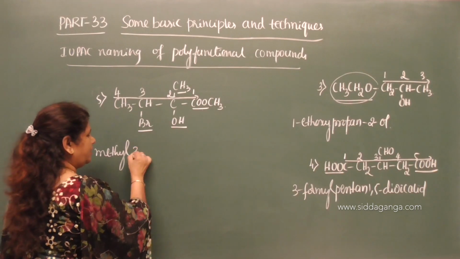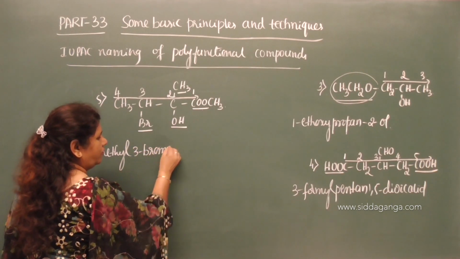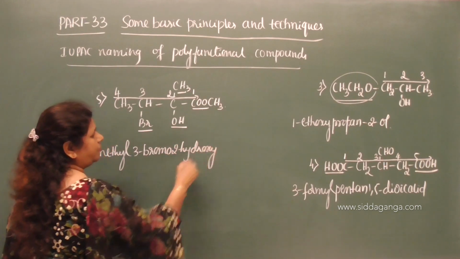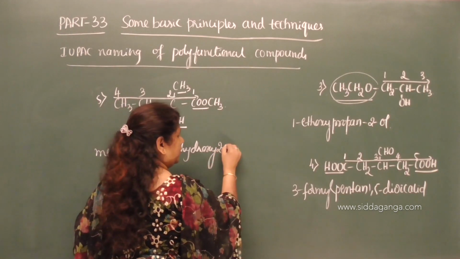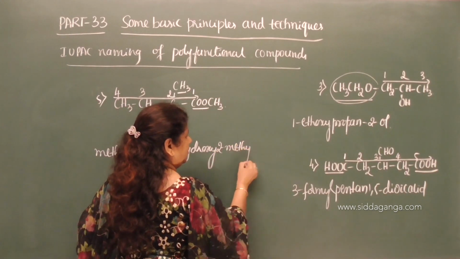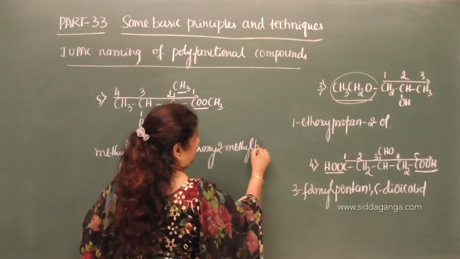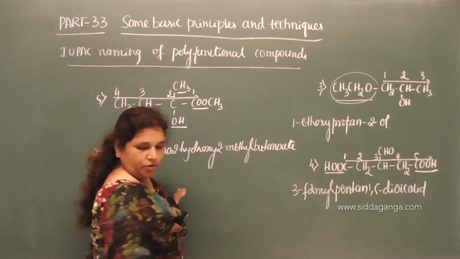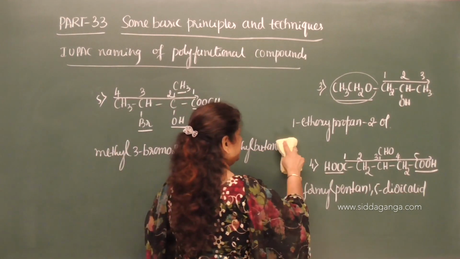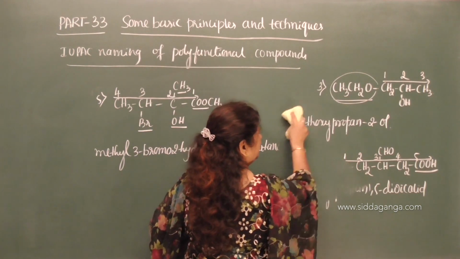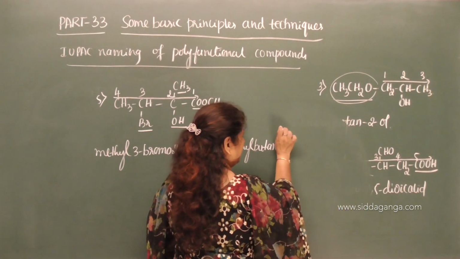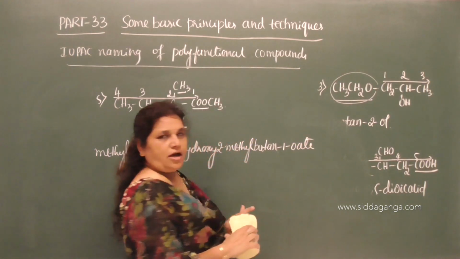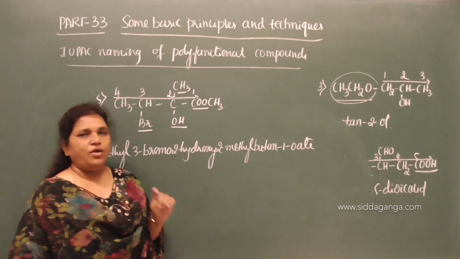So therefore 3-bromo, 2-hydroxy, 2-methyl. How many carbon atoms are in the root word? Butane, oate. So butanoate. On the first carbon only we have the functional group called oate.